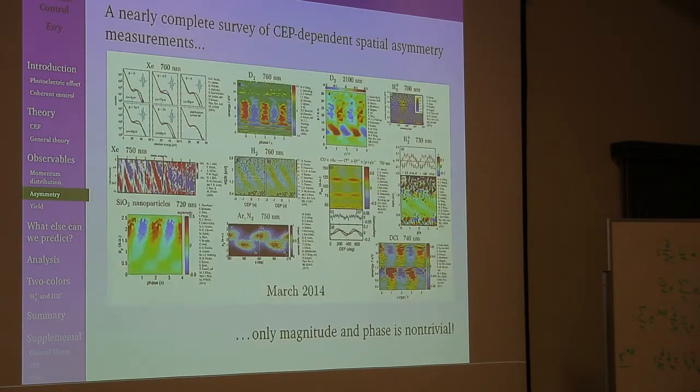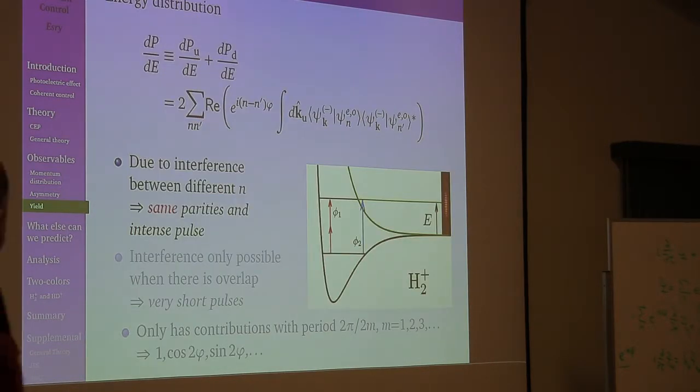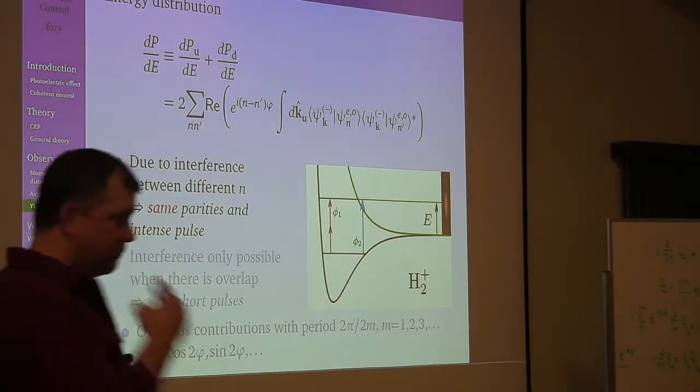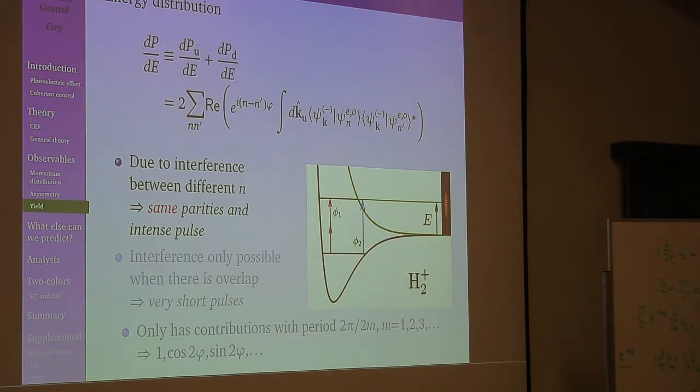Now, I'm running out of time, so let me go through this a little bit quicker. We've done it once, so it should be a little bit quicker. We can go through the same analysis for the yield, which relates to some of what Ken talked about and what he asked. So if we want to look at modulating the yield with CE phase, you can do exactly the same analysis. You get this sort of equation.